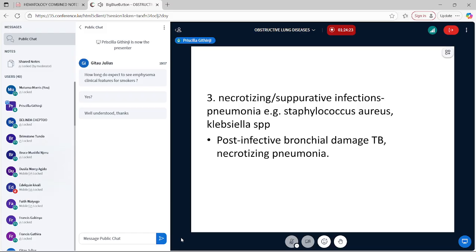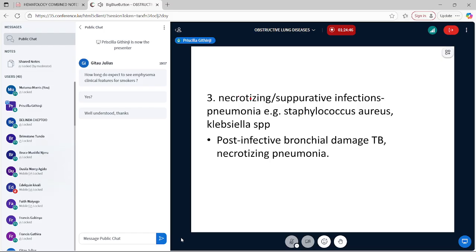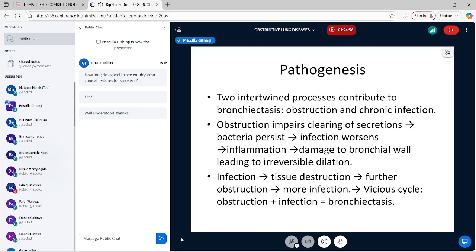If you get infections by Staphylococcus aureus or Klebsiella, this will easily lead to damage. So post-infective scarring: you have these necrotizing infections that lead to extensive destruction of your airways, and you'll end up having obstruction that leads to development of bronchiectasis.